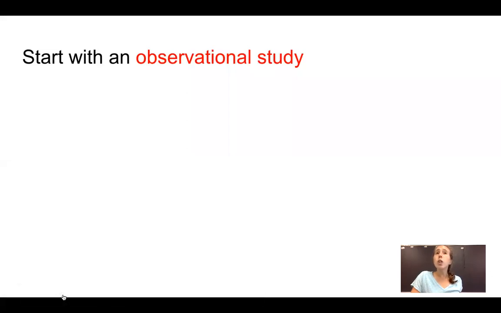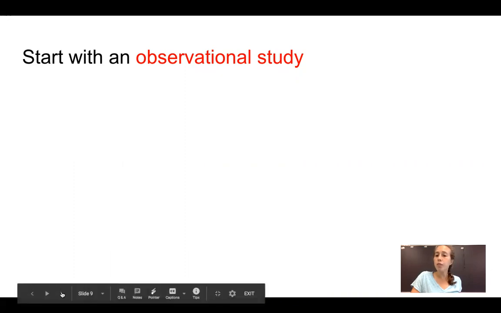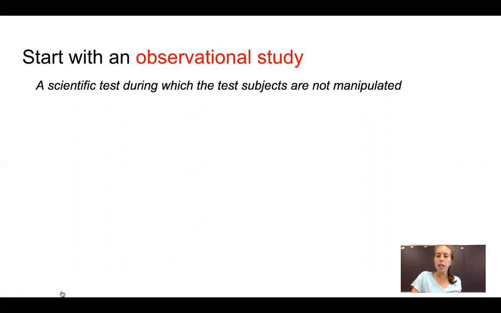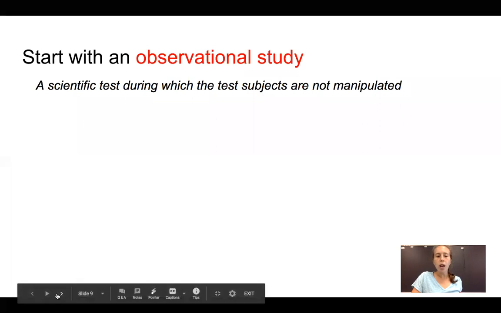So to address this hypothesis, I might start with something called an observational study. So what I will do is I will do a scientific test where I do not manipulate the test subjects. So I'm just kind of going to stand back and observe what happens. So here we go.